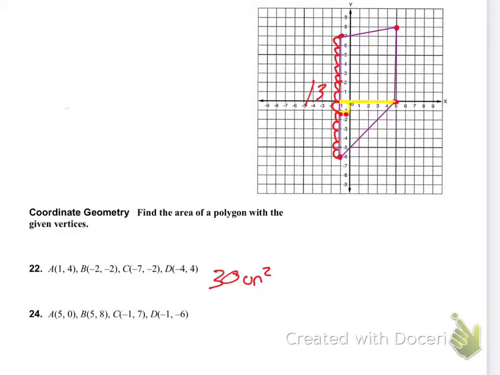And then my height would be 1, 2, 3, 4, 5, 6. So it's 6. So I'd do 13 times 6. And I wouldn't have to do it over 2, obviously, because that would be for a triangle. I'm just worried about this one right here. So 13 times 6 is 78. And somehow I still got that one wrong. Let me try that again.